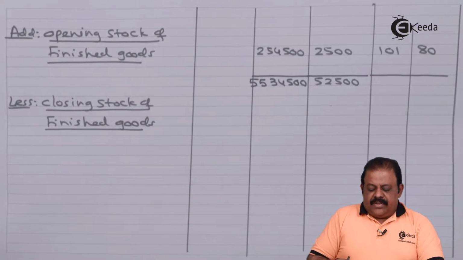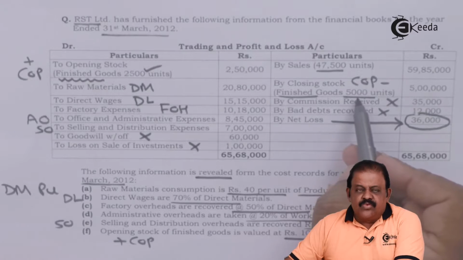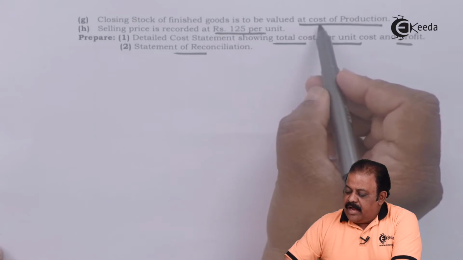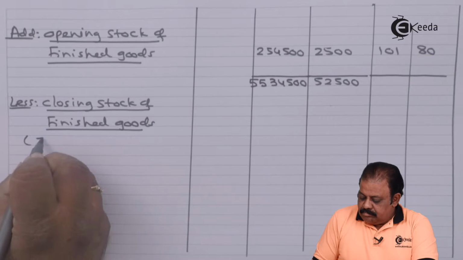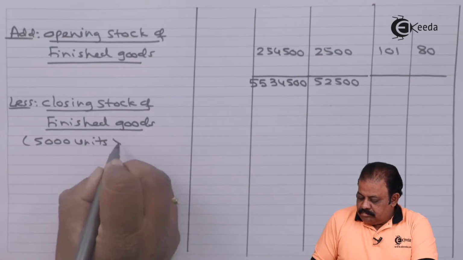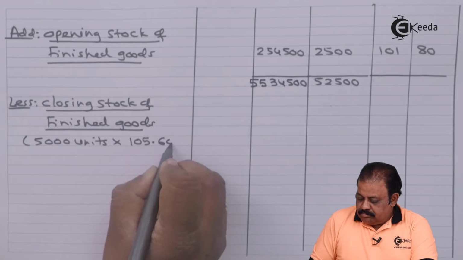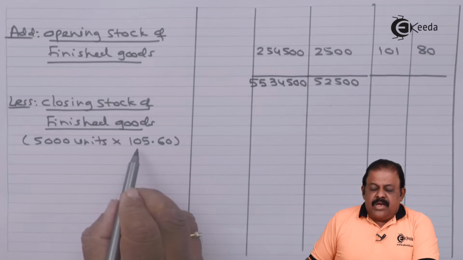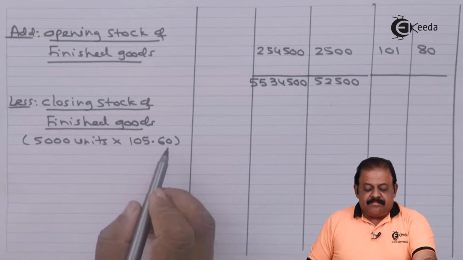Less closing stock of finished goods, number of units 5,000 units. Here they have said closing stock of finished goods is to be valued at cost of production. Cost of production per unit, that is current cost per unit, 105 rupees 60 paise.